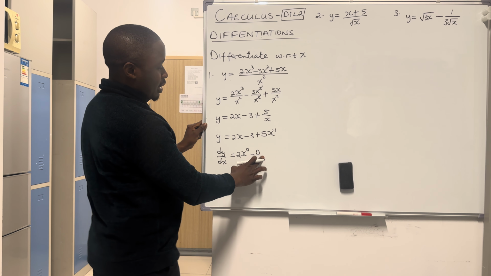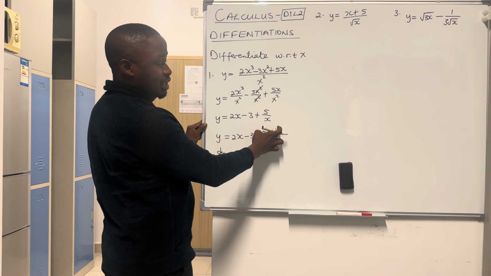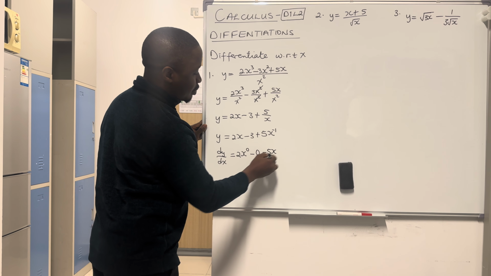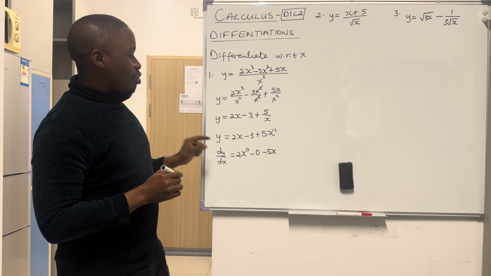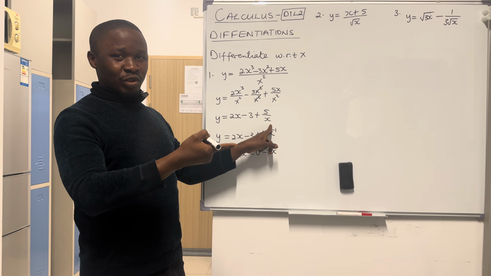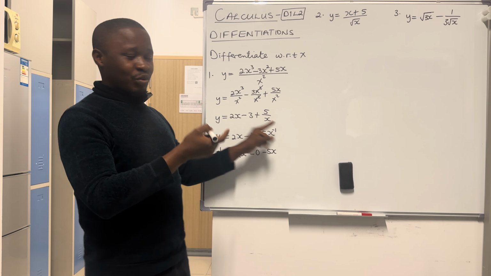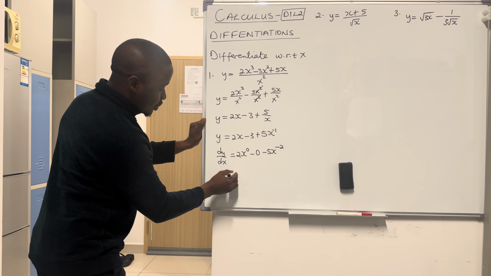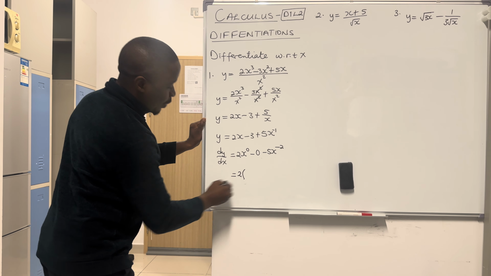Okay. The power is minus 1 and the coefficient is 5. So minus 1 times 5 is minus 5. Remember, we must always take away 1 from the power. Here it is already minus 1, so if we take away 1 again, we get minus 2.